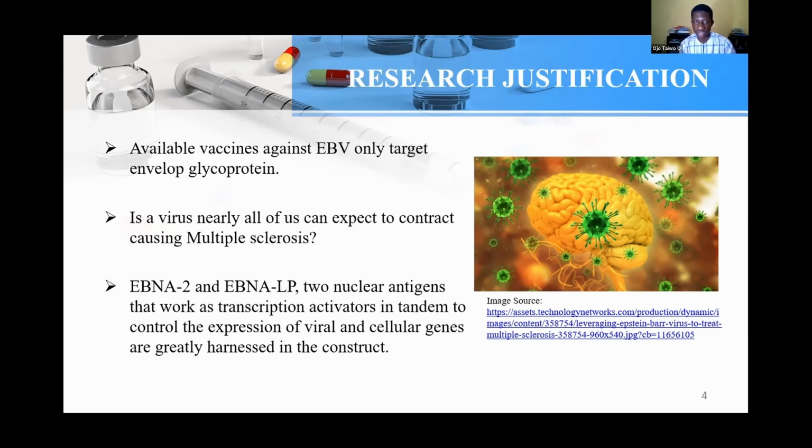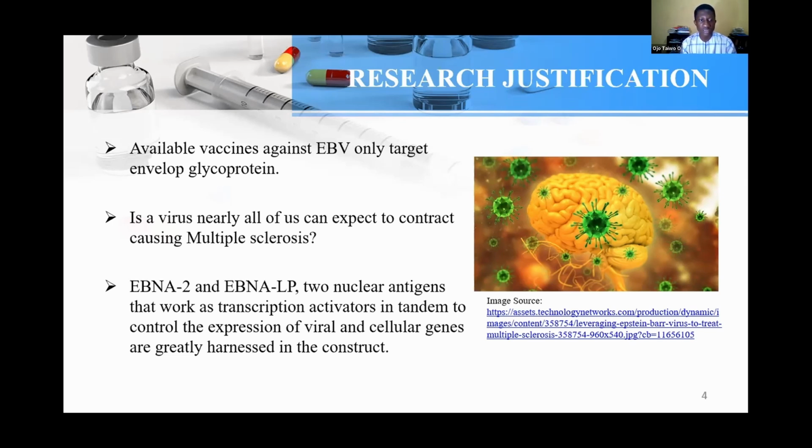To this end, we harnessed epitopes from two antigens, EBNA2 and EBNA-LP, two nuclear antigens that work as transcription activators in tandem to control the expression of viral and cellular genes. The reasoning behind this is that these two antigens have been shown to work in tandem to control viral expression.